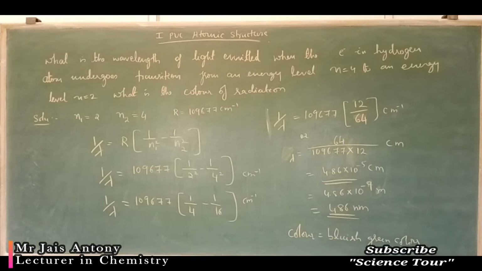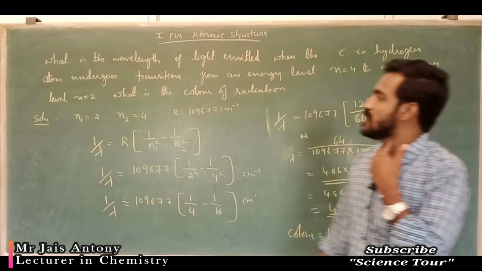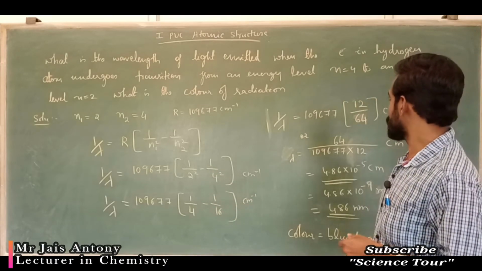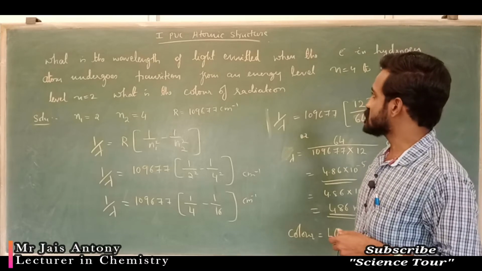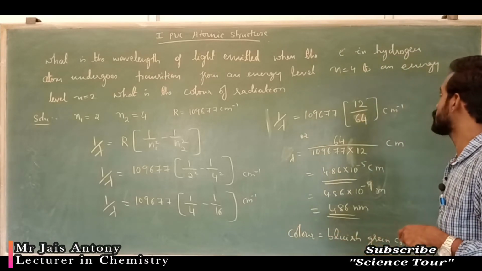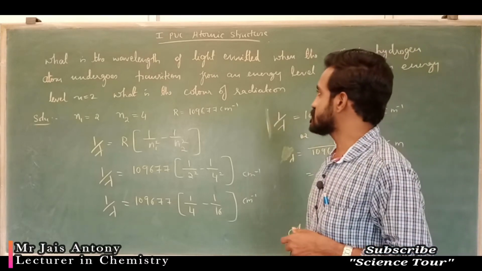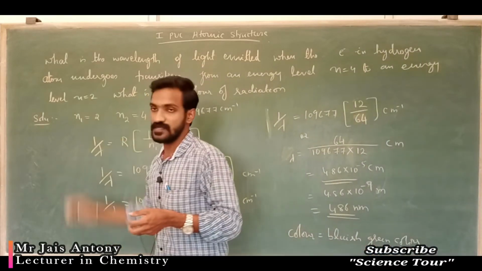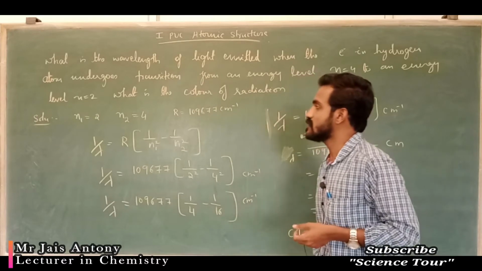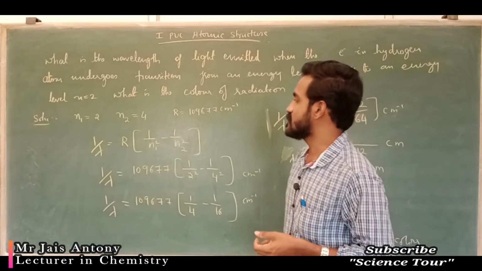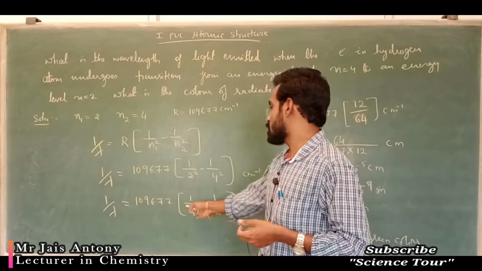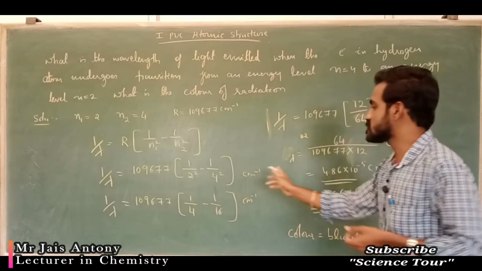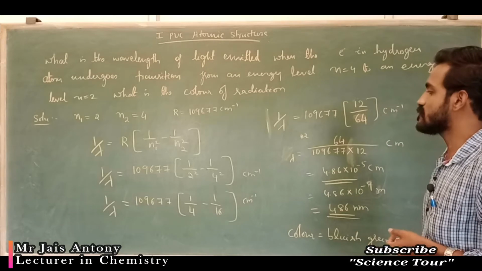Okay, my dear students, very simple problem. What is the wavelength of light emitted when the electron in hydrogen atom undergoes transition from n is equal to 4 to n is equal to 2? What is the color of the radiation? What is given, you have to write down first. N1 is given, N2 is given, N2 is the higher energy level, R is given. We substitute the values and solve by simple mathematics. 16 into 4 gives 64 and 16 minus 4 gives 12, taking LCM.